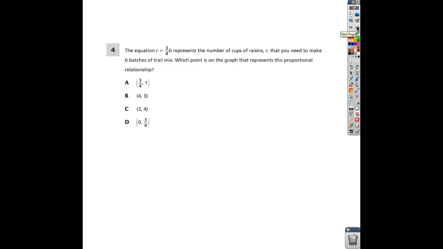Try this one. Okay, so in this case, we know that r, right? So it's y equals r times x. Okay, so y is, in this case, r, which is going to be equal to the number 3/4. Okay, and then whatever b is, this, right? So we know that, let's see, r is raisins. So the number of raisins I get, okay, is equal to 3/4 of the batch of trail mix.